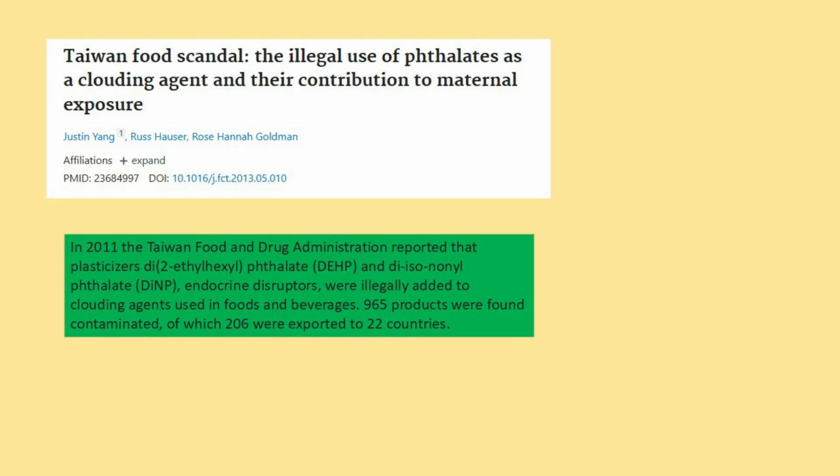They use these clouding agents to make some food and beverages look more natural, like the original. At that time, 965 products were found contaminated, of which 2006 were exported to 22 countries. That's why since that time, these chemical phthalates, usually used as pesticides, have been researched by many scientists.